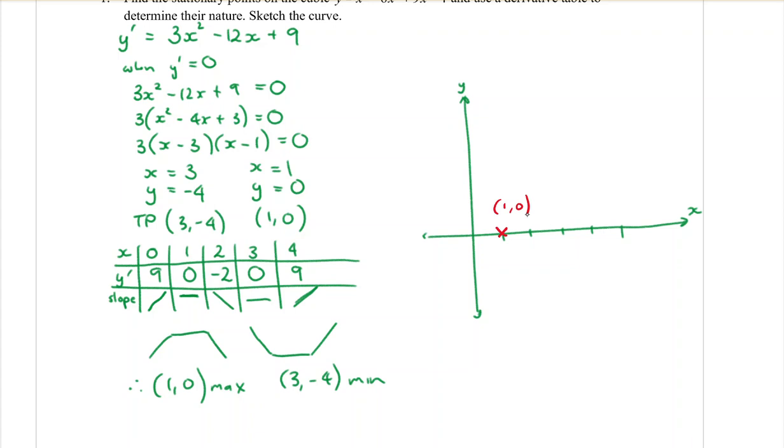The second turning point was at 3, -4, which I'll put down here. Because you know 1, 0 was a maximum, you can put a little bit of curve there. I know that has to curve that way. And the 3, -4 is a minimum, so I know it has to be coming up, which also makes sense based on where those points are located.